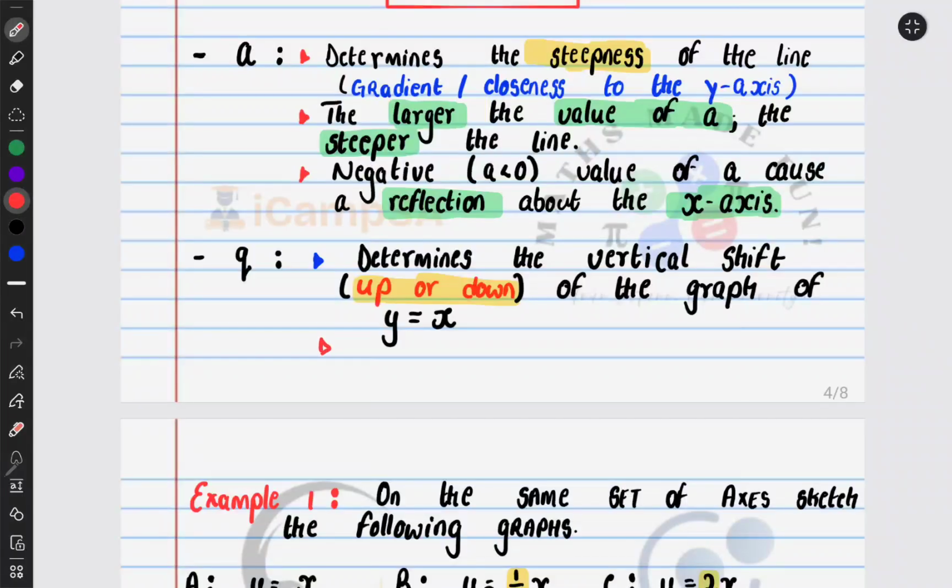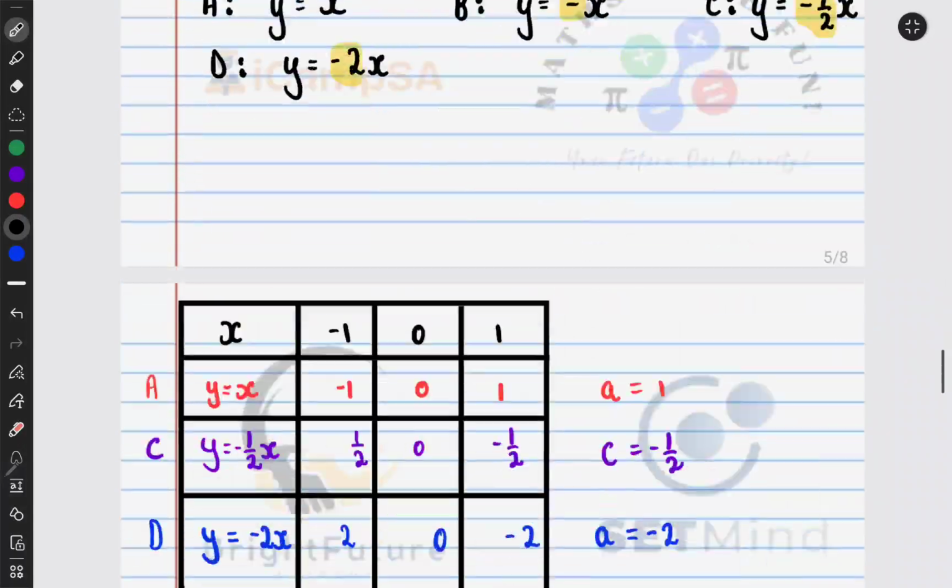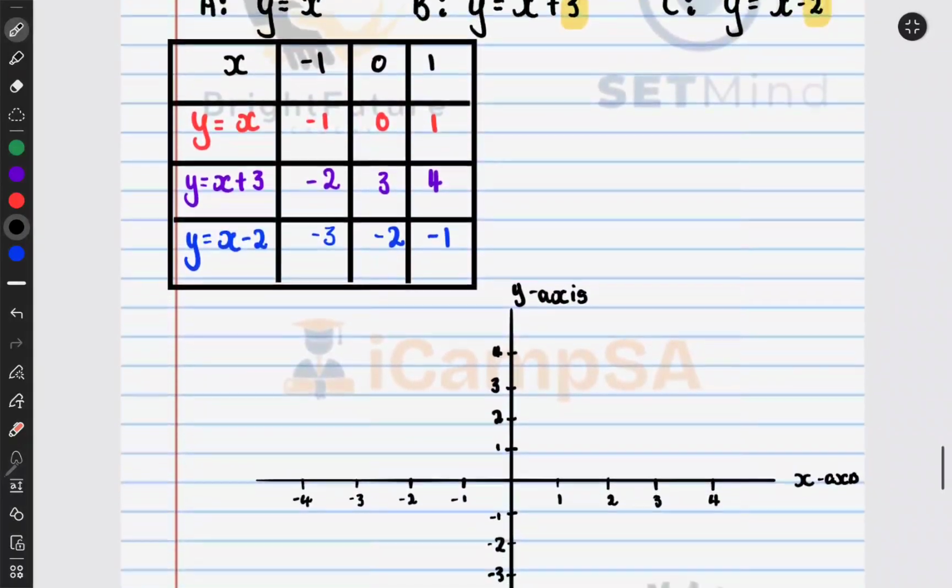We can say q greater than 0 and say upwards shift. So it would shift the function upwards. And then next we can say q less than 0, negative q, that would be a downward shift.